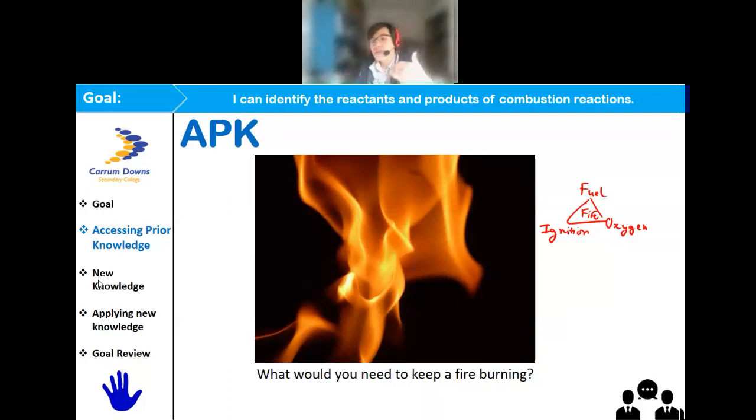Also the water kind of lowers the temperature as well, so you don't have that ignition for the fire to keep going. With the fire extinguisher, right? It's also trying to get rid of the oxygen there. So that's the easiest thing to do. It's just to get rid of the oxygen, right?